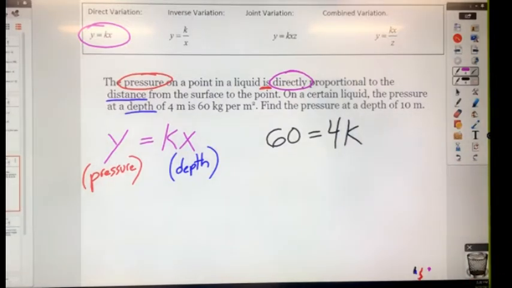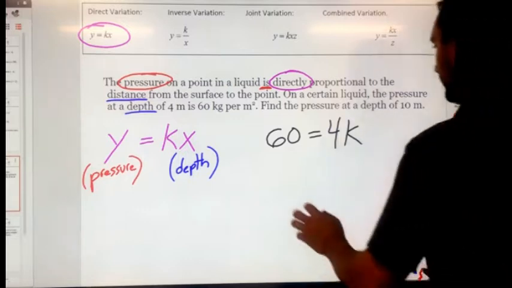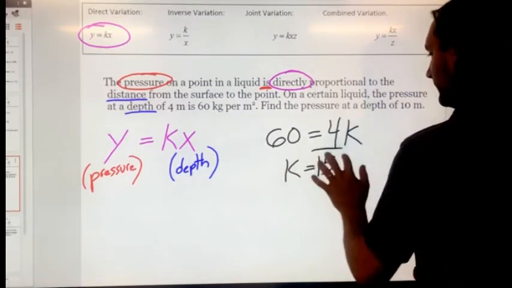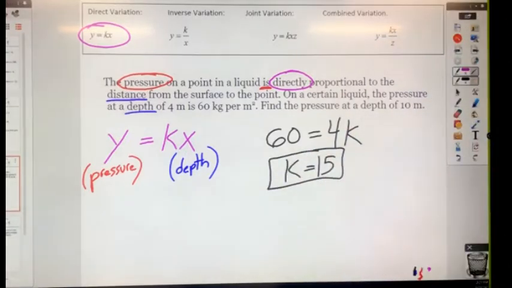60 divided by 4 is 15. So now I know that my constant is 15, and I can solve the actual problem. Find the pressure at a depth of 10 meters. So what would you do?